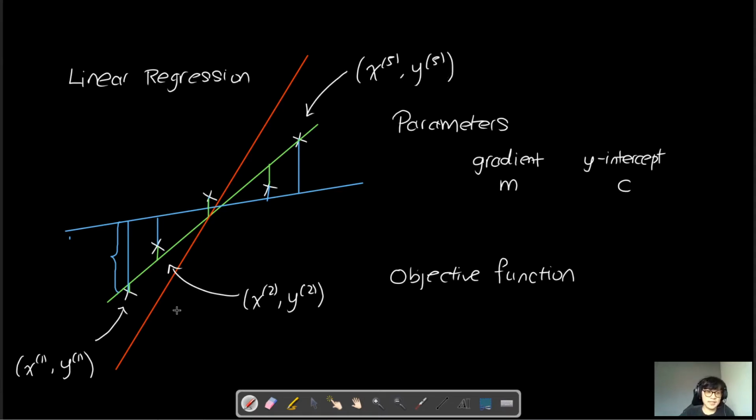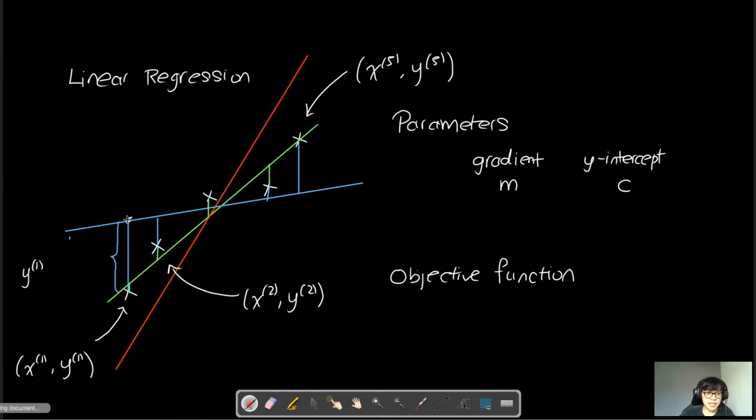Really, this distance over here is essentially the difference between the y value of this and this. So what is this value? This particular value here is essentially just y1.